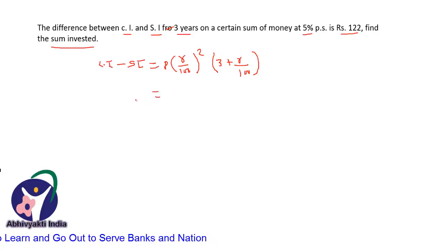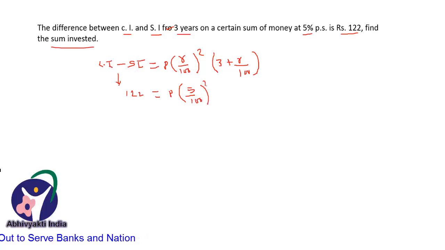So the difference is given as 122. So 122 is equal to P, we have to calculate. R is given as 5 by 100 bracket square into another bracket 3 plus R by 100, that is 5 by 100.